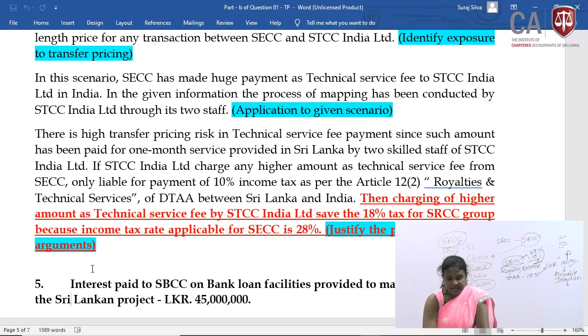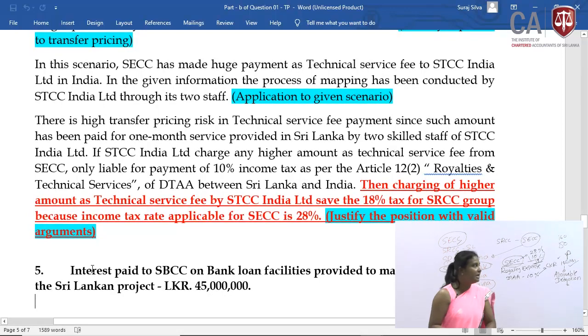If STCC India Limited charge any higher amount as technical service fee from SECC, only liable for payment is 10% income tax as per the article 12 subpara 2, which is royalties and technical service of DTA between Sri Lanka and India.